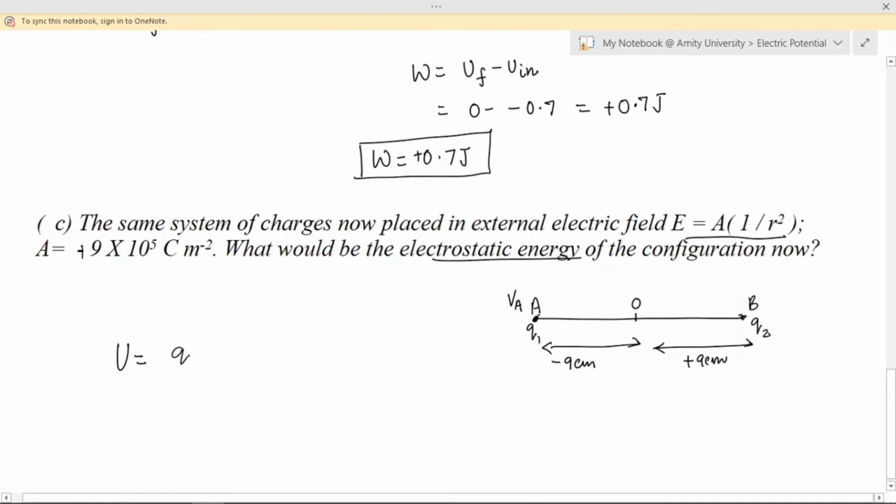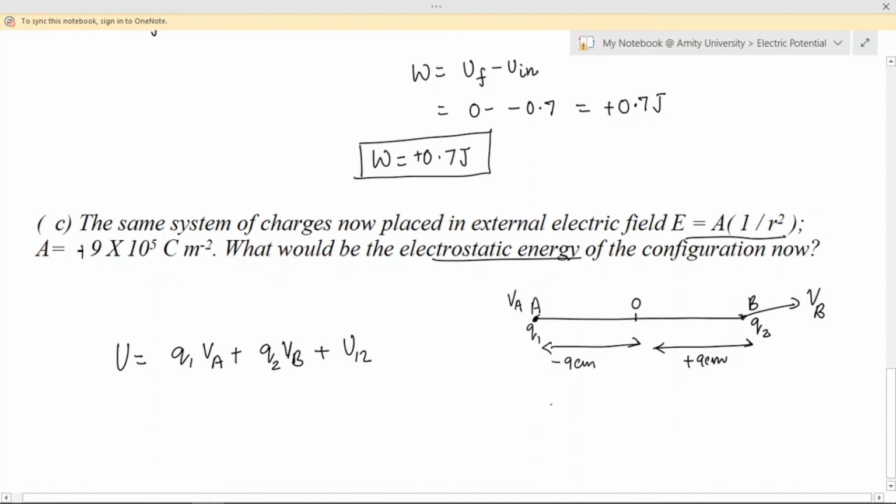So it will be Q1 times VA plus, similarly, Q2 times VB, where VB is the potential at point B, plus U12, the potential energy due to the interaction of the two charges.